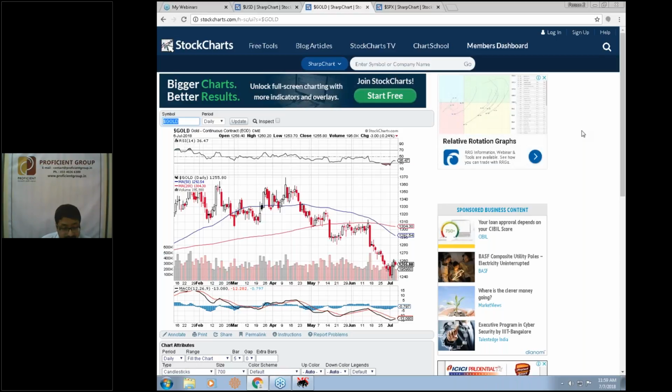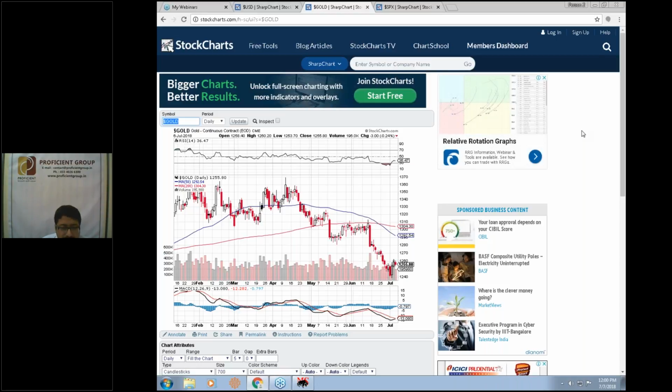It has been extremely weak, although in the past 2 days gold has managed to recover some lost points, but it is still trading weak. The last closing was at $1255 per ounce. You can see the short-term lower top, lower bottom formation.